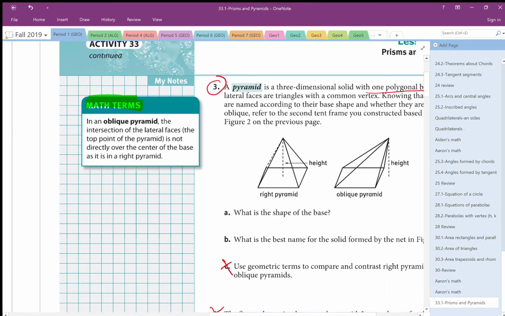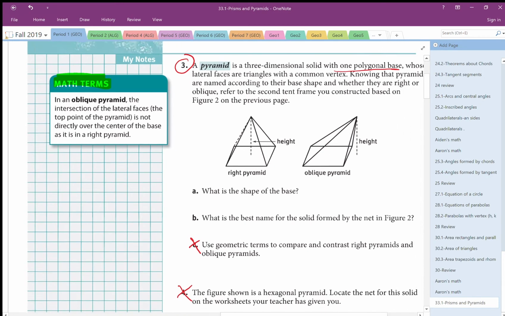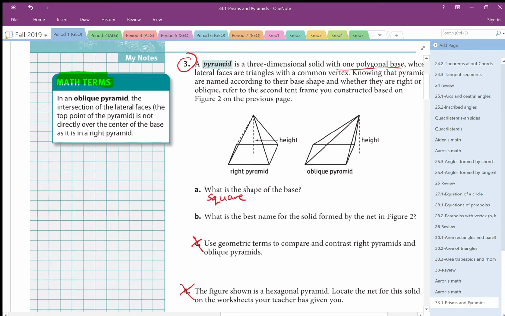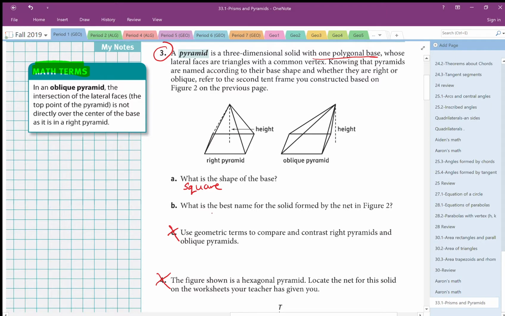One of them is not longer than the other, as you can see in the oblique pyramid, where this side right here seems longer than that side. So I think in those kinds of pyramids, maybe not all triangular sides are the same because they have to be slanted. What is the shape of the base in the figure that we drew? Square. What is the best name for the solid formed by the net in figure 2? A square pyramid. Again, that's the figure that we tried to draw from the net.